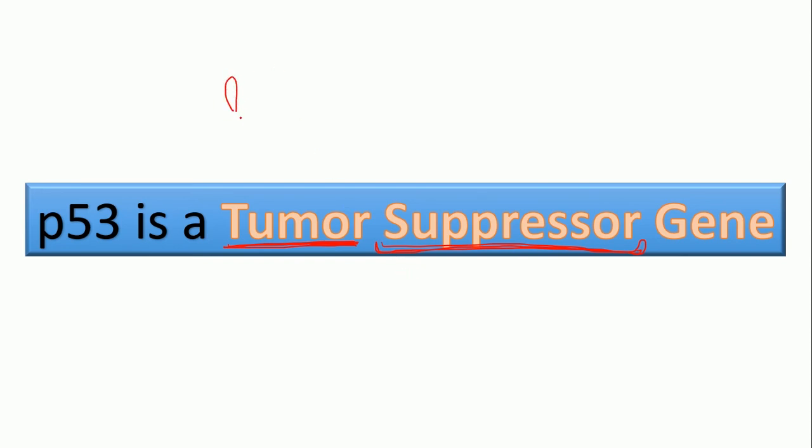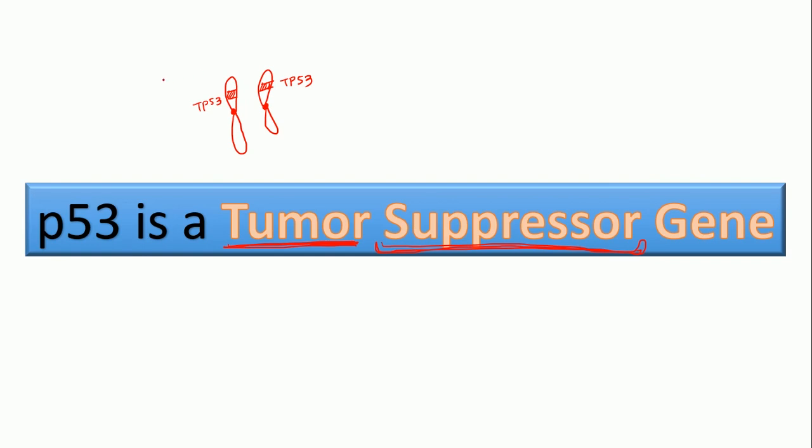Now we know that the human DNA is diploid, right? There are two copies of every gene. Let's say this and this. These two are homologous chromosomes, and these two loci on the two homologous chromosomes are having p53, the gene TP53.